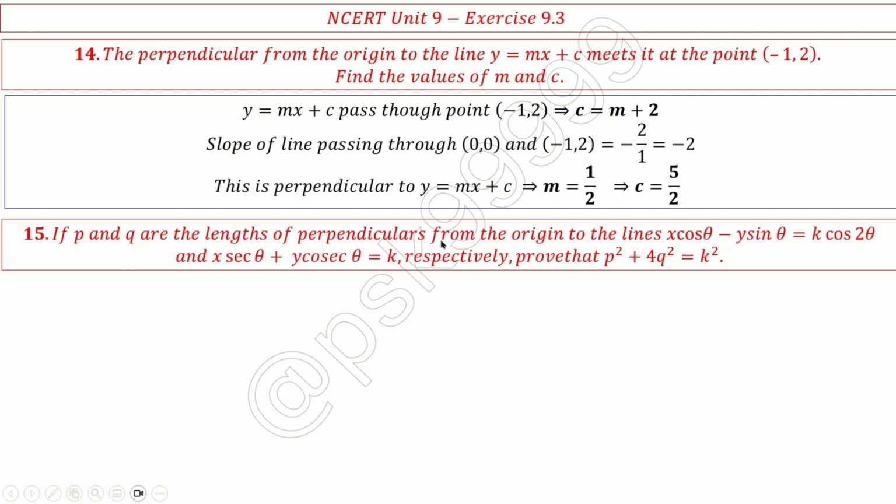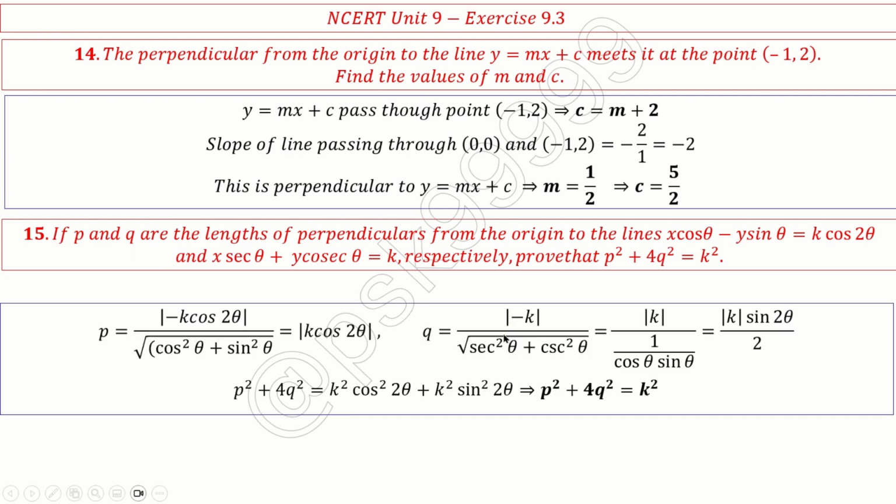P and Q are lengths of perpendiculars from the origin to the lines x cos theta minus y sin theta equal to k cos 2 theta, and x secant theta plus y cosecant theta equal to k. Prove that p square plus 4q square equal to k square. Okay, so I need a length of perpendiculars from origin to these lines, correct?